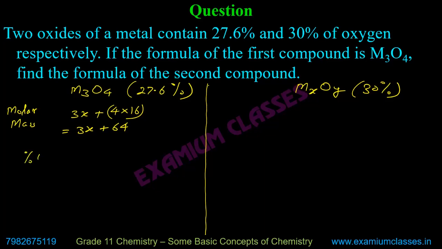So percentage oxygen will be oxygen divided by total into 100, and this is given as 27.6. From here, I got the value of X as 56 u. Here I should not be using X because I am already using X. Let it be A and B.